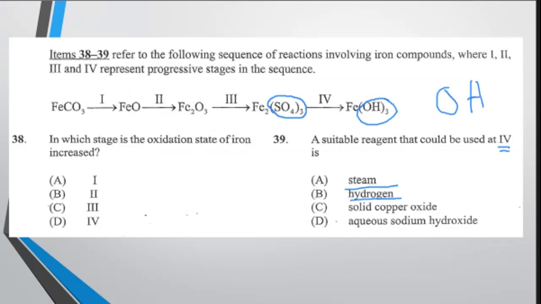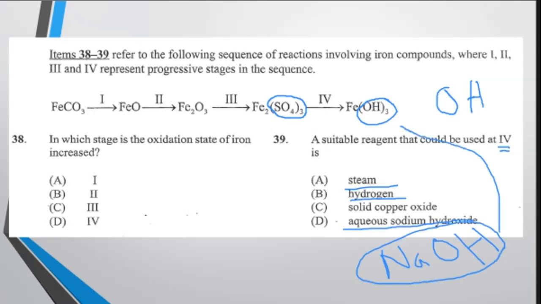Hydrogen doesn't have OH, steam is H2O, and then solid copper oxide. Sodium hydroxide is NaOH, so most likely it's the sodium hydroxide that produces the iron hydroxide. So the answer to 39 should be D.